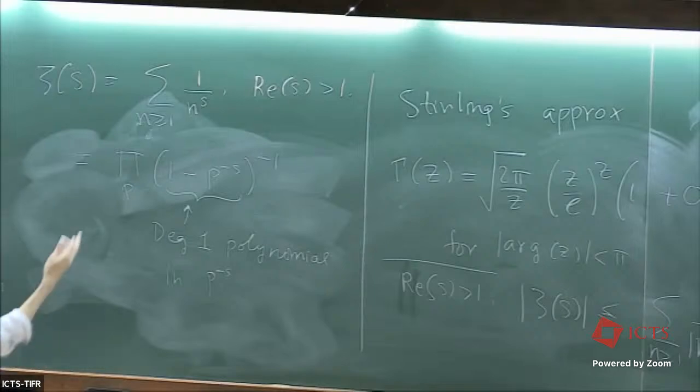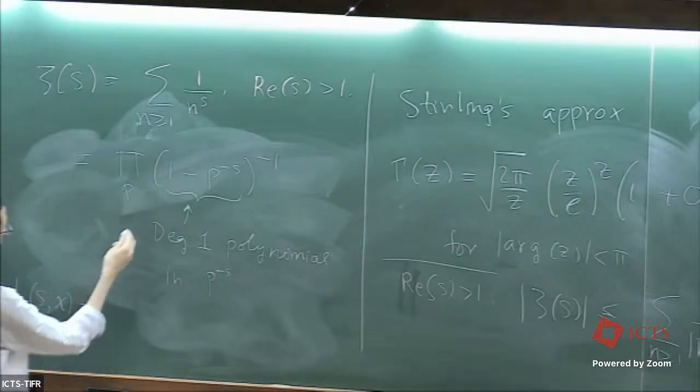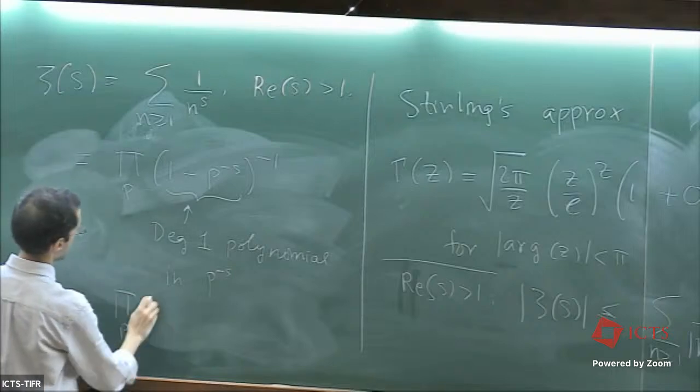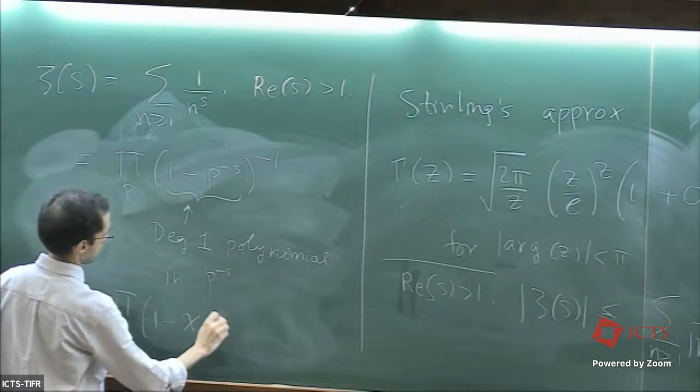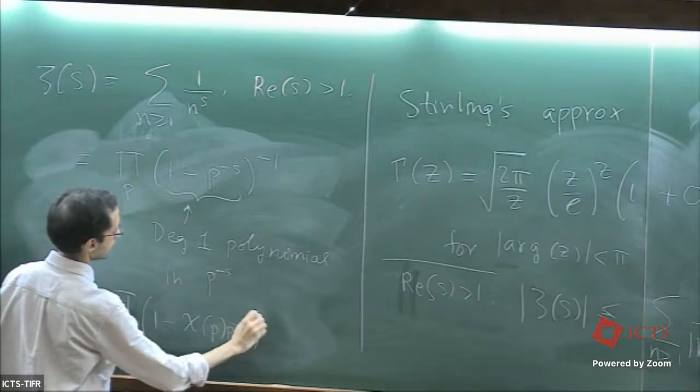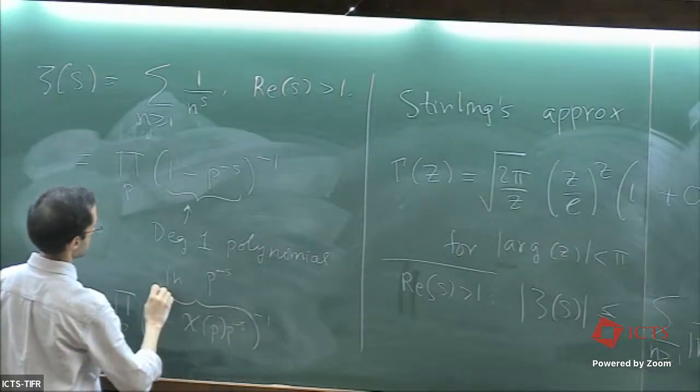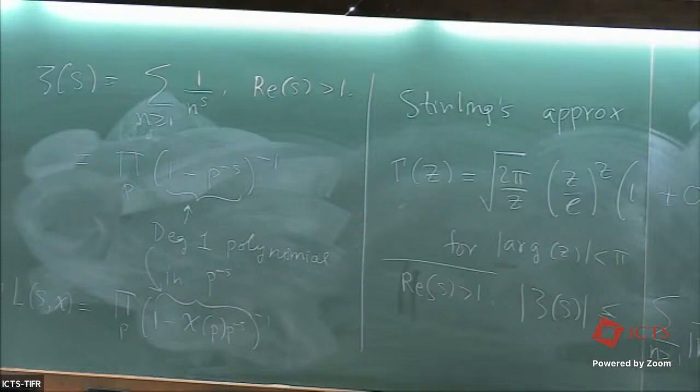Okay. Similarly, if you write L of s chi for real s bigger than 1, you again get a degree 1 polynomial in p to the negative s. Okay. So we call these degree 1 L-functions over Q.